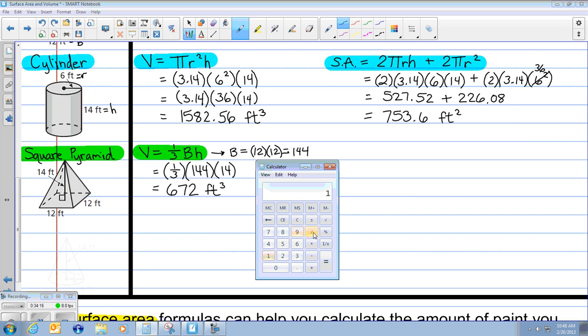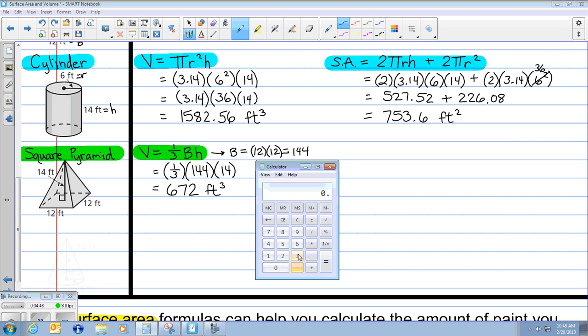If I were to do 1/3 on my calculator first, and I have all those 3's, and then I do times 144 times 14, now it's giving me the exact answer. This calculator, when I started with 1 divided by 3, even though it shows 0.333333, it knows it's really repeating forever. Let me show you one more thing.